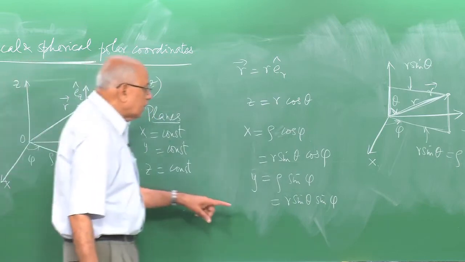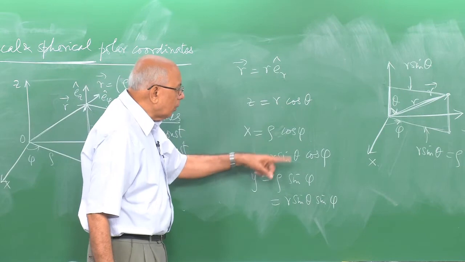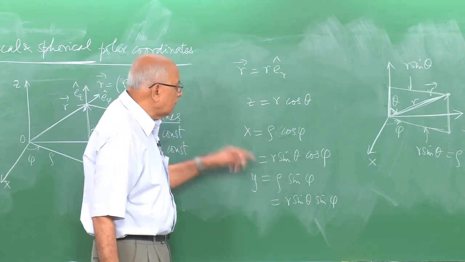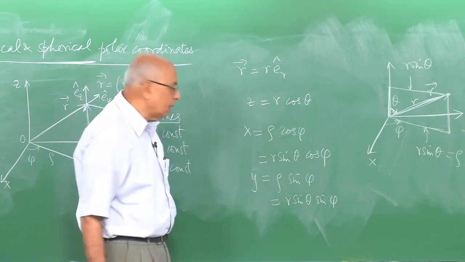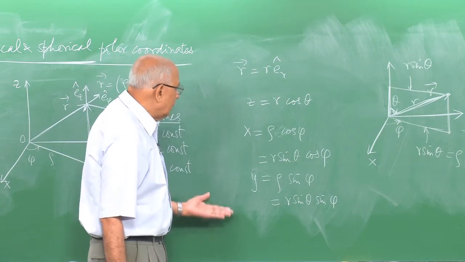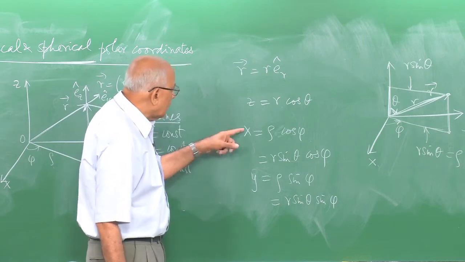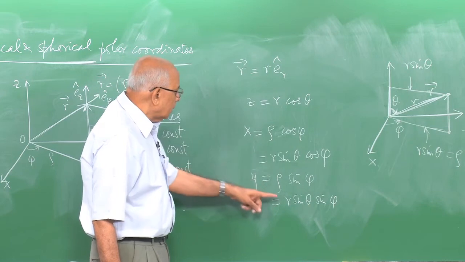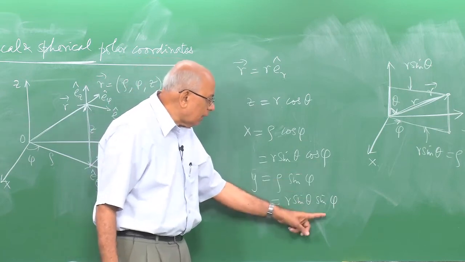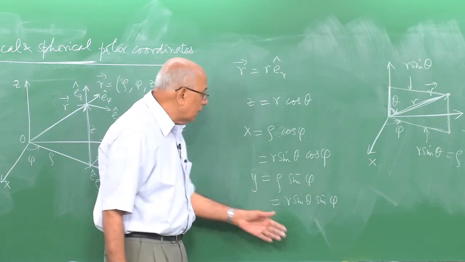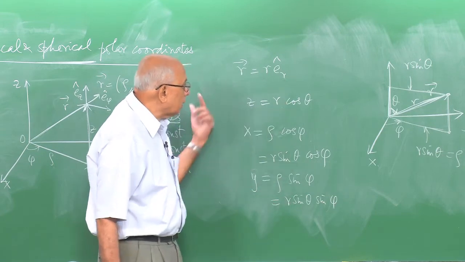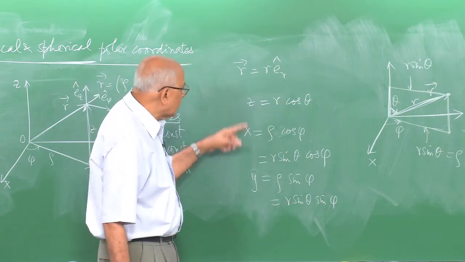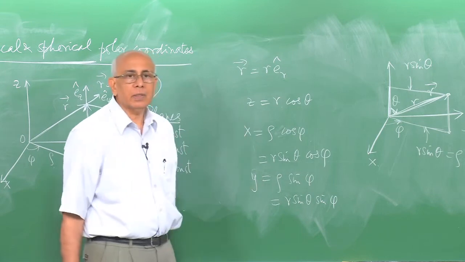So these are the relations which relate the spherical polar coordinates r, theta, phi to the Cartesian coordinates of a point x, y, z. So it's immediately clear that in x squared plus y squared plus z squared, first of all the sine squared phi plus cos squared phi gives you 1, and then the sine squared theta plus cos squared theta gives you 1. So x squared plus y squared plus z squared is r squared, which is what you want.